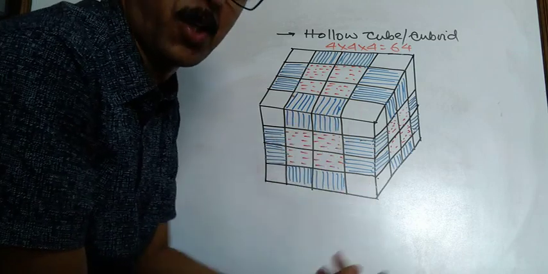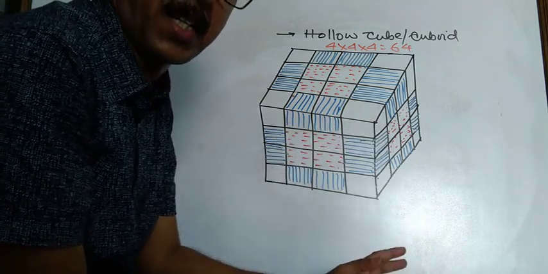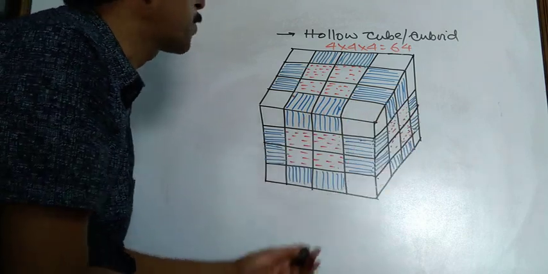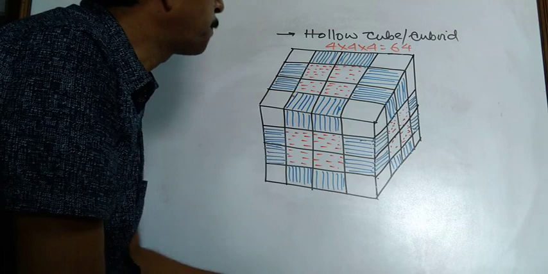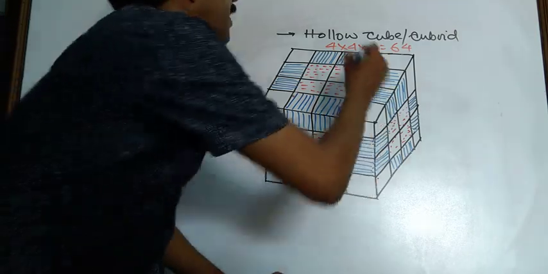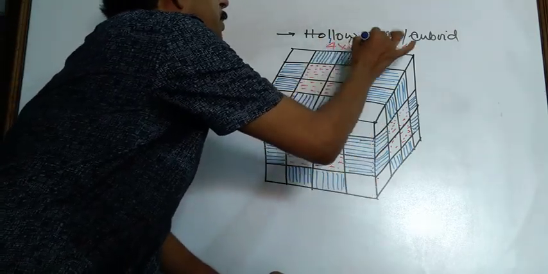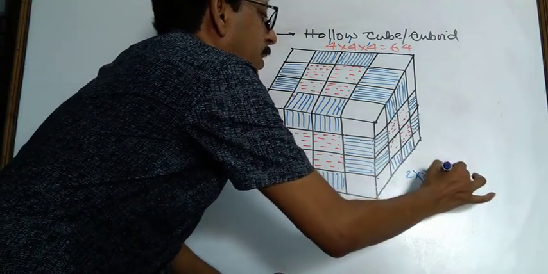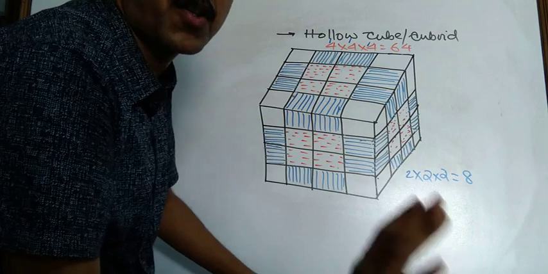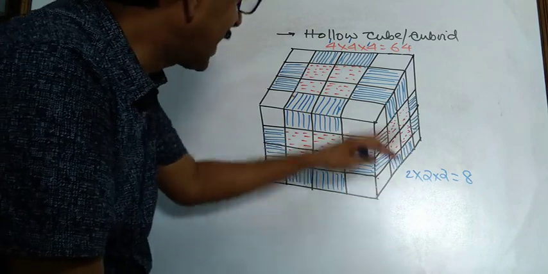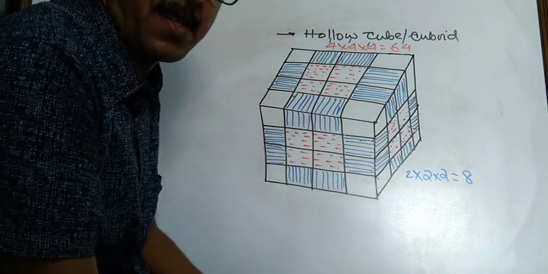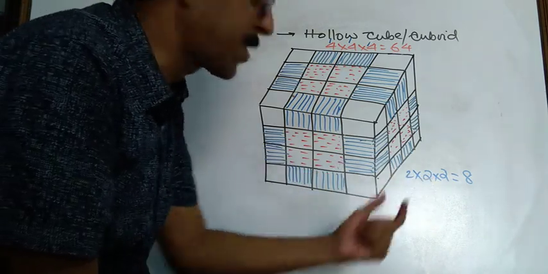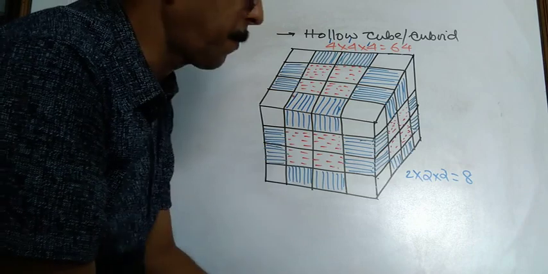And how many are there inside, you already know. The inner volume is length into breadth into height, each decreased by 2. So it is 2 cross 2 cross 2, meaning a total of 8 small cubes are packed inside, and they are not visible, or you can say if you paint this, they will not be painted.